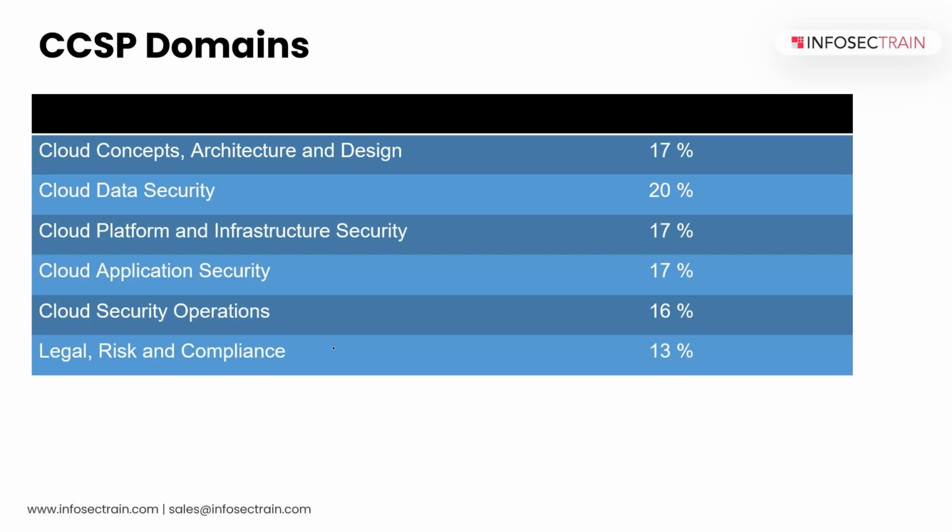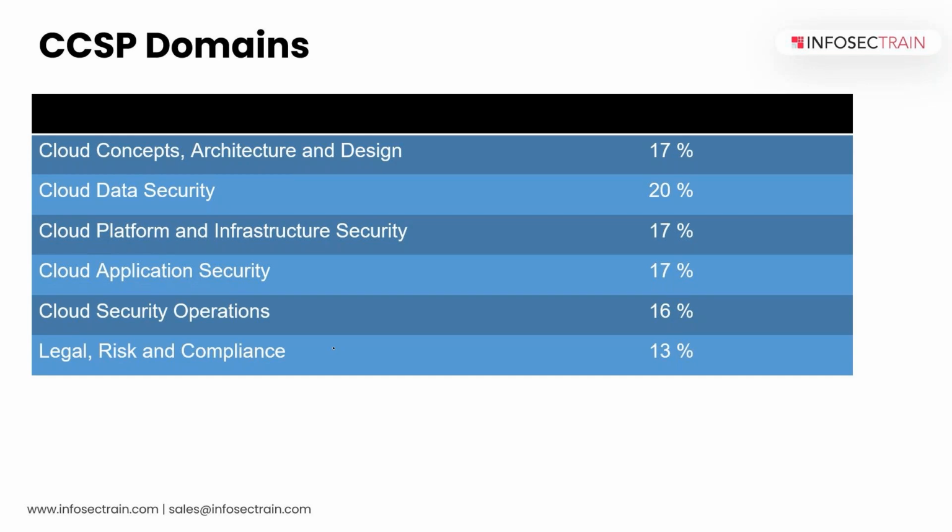Its coverage is 17%, and this is the first step. For example, maybe you are working in some ABCD Limited and you want to migrate your organization's website. What is your requirement? Let's say we go with platform as a service, and let's take the public deployment model.